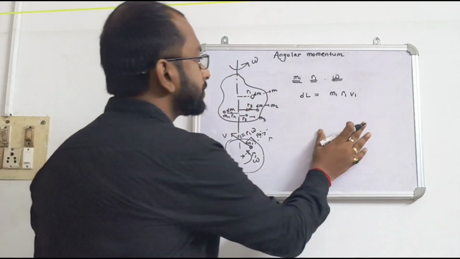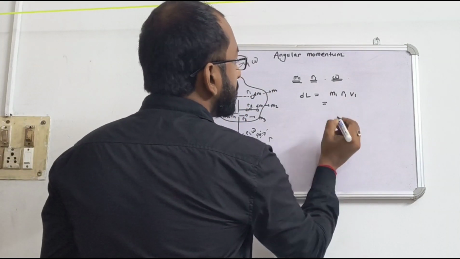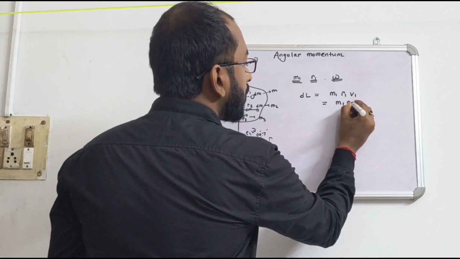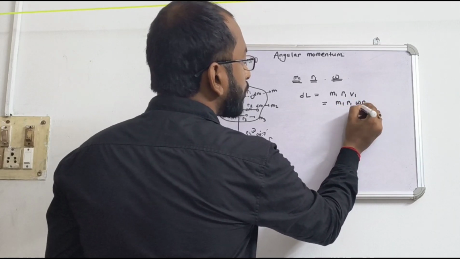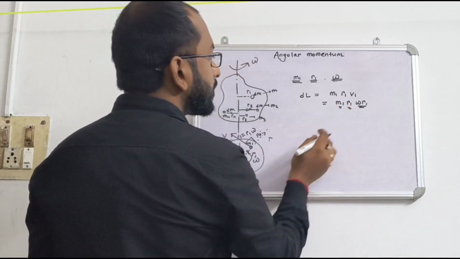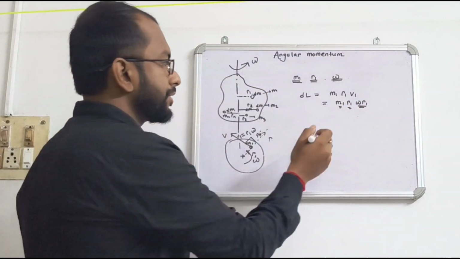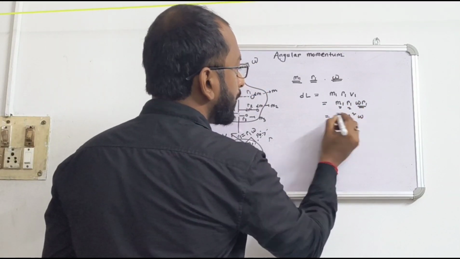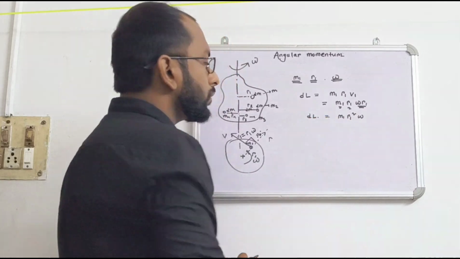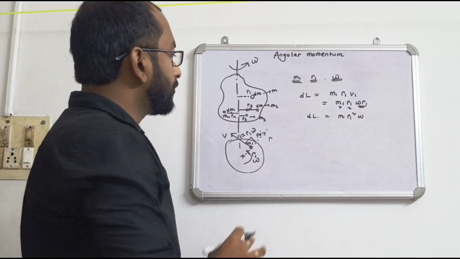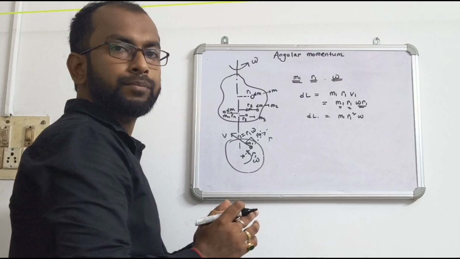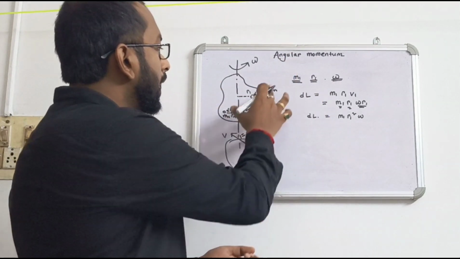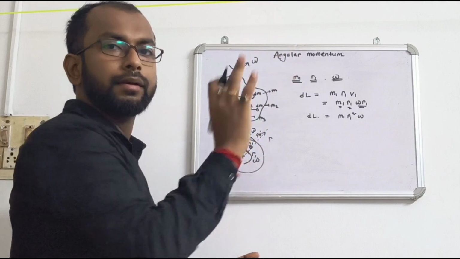We are writing m1 r1 omega into r1. That is the velocity if it is rotating with angular velocity of omega with respect to this axis. So we can write m1 r1 square into omega. That is small angular momentum dL for one mass m1. Now there are many masses, small masses, m1, m2, m3, mn.